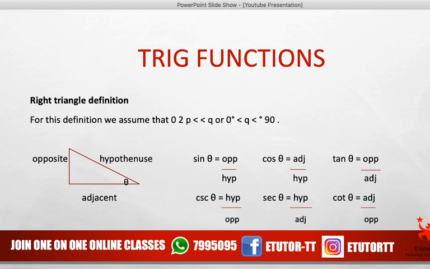Tan theta is equal to opposite over adjacent. Csc theta is equal to hypotenuse over opposite. Sec theta is equal to hypotenuse over adjacent. And cot theta equals adjacent over opposite. These are just some important trig functions that you should remember, especially sine, cos, and tan.